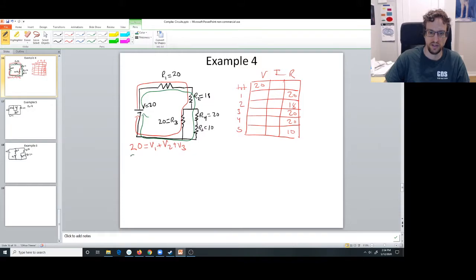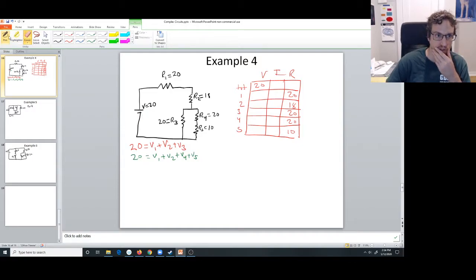And that is 20 equals V1 plus V2 plus V4 plus V5. All right, so those are our two main voltage loops. Those are two pathways we can go through. Okay, now we go to current conservation.